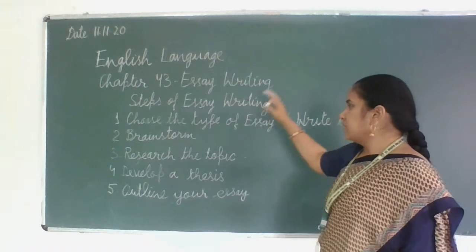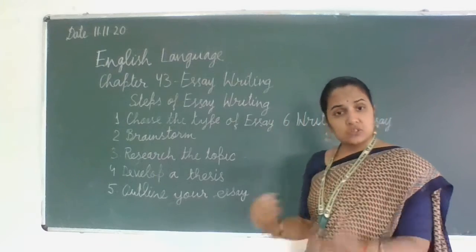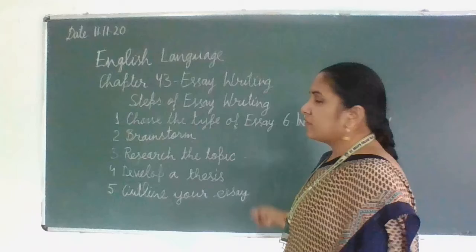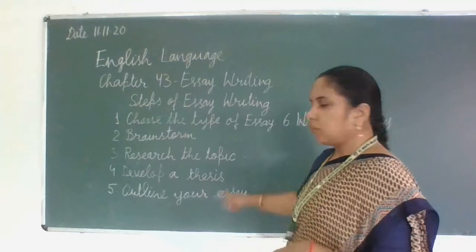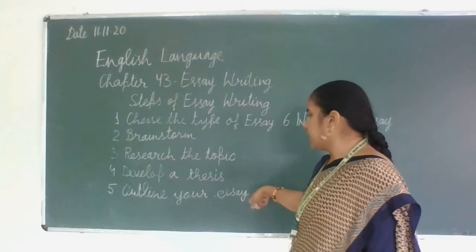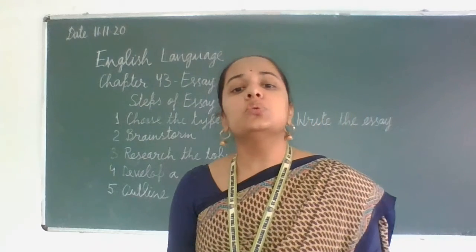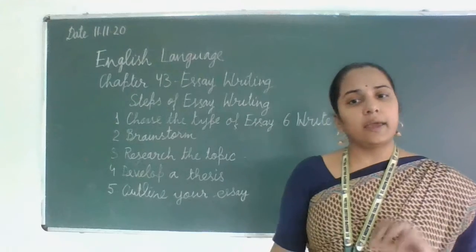Whatever you have decided, the type of essay, then you did the brainstorming, then you researched the topic, you collected more and more information, then you developed a theme, a central line on which your essay will be based. Then comes the outline of your essay, meaning you can say what sub points you are going to include in your essay.